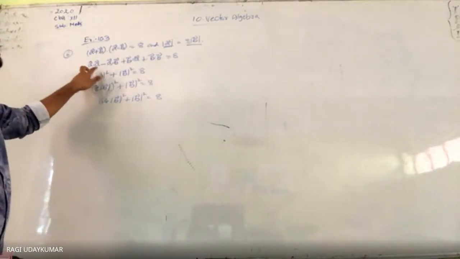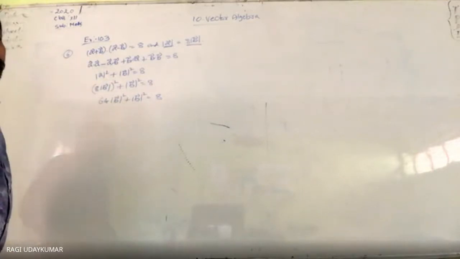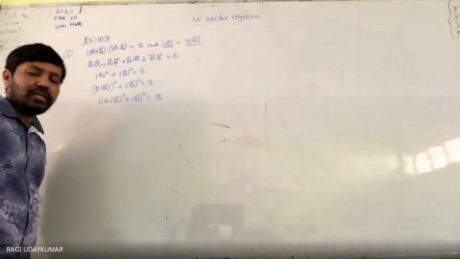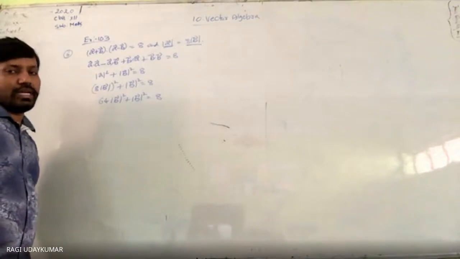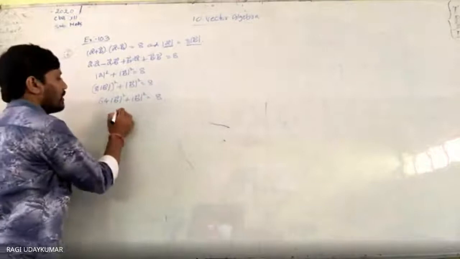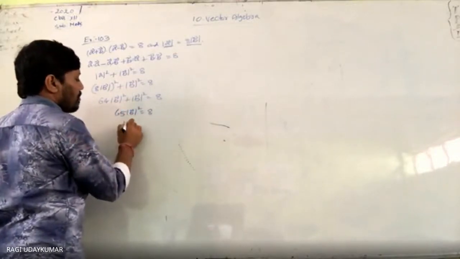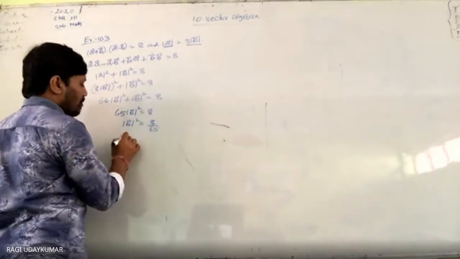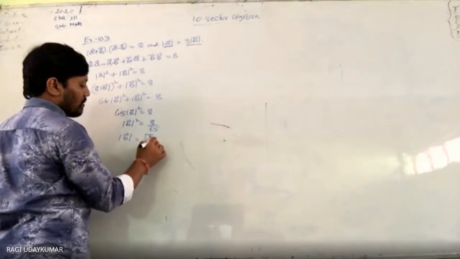Whenever you take the dot product of a vector with itself, you get the magnitude of that vector whole square. So now 65 times magnitude of B bar square is equal to 8. Magnitude of B bar square is equal to 8 by 65. So magnitude of B bar is equal to under root of 8 by 65.